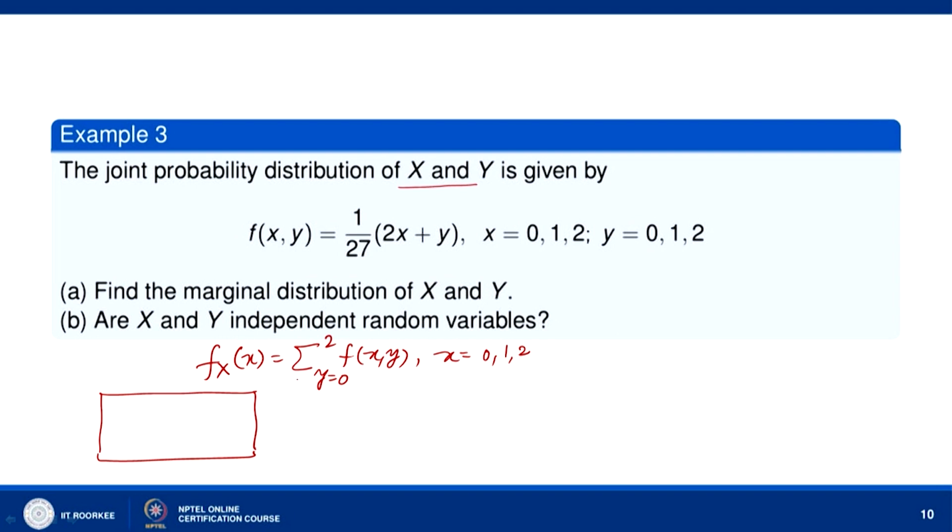We will first have to form the table for all x and y. This is x and this is y. y takes values 0, 1, 2, and x also takes values 0, 1 and 2.